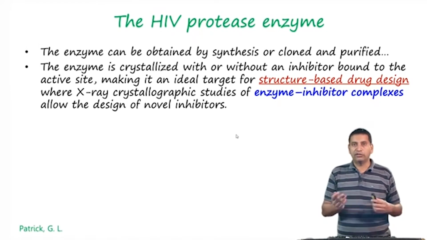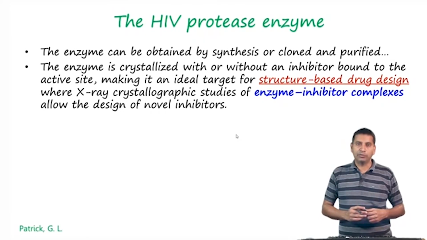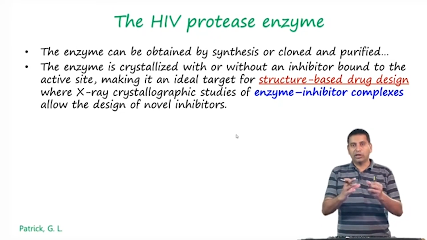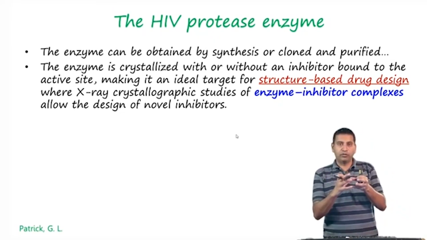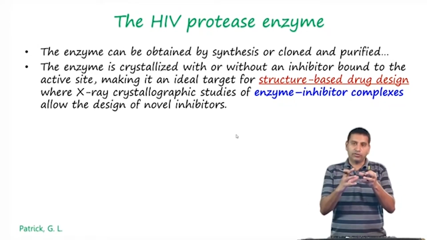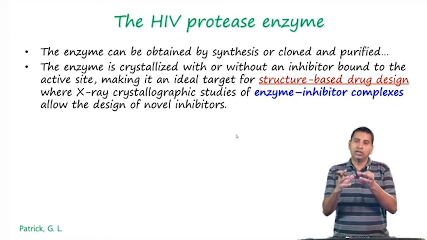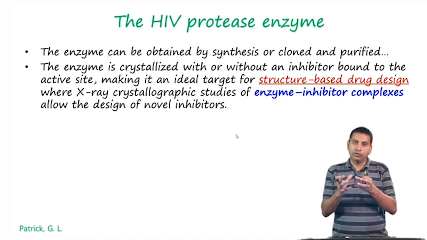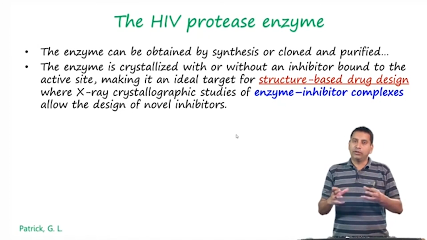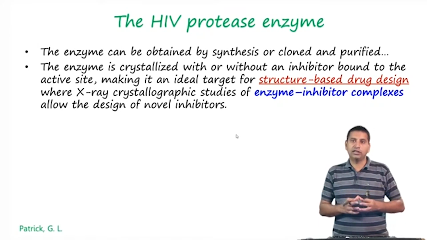So, this enzyme can be obtained by synthesis, or it can be cloned and purified, and so we can have access to large amounts of this enzyme pretty much. So, then it is crystallized with and without an inhibitor bound to the active site. So, what happens is that when you crystallize it in its native form, then you get a structure which probably resembles the form in which it is going to bind to the inhibitor. And once the inhibitor is bound, that would represent the induced fit that happens.